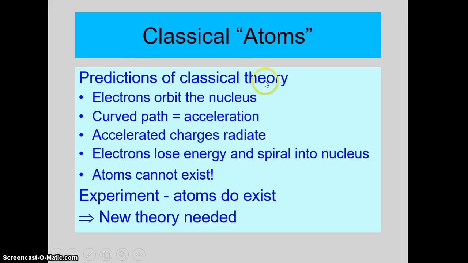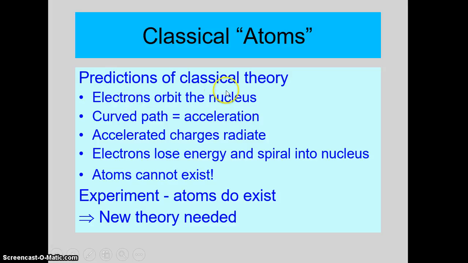So in the classical theory, if we just take what we knew from Isaac Newton and from electricity and magnetism, it turns out you can't build atoms, at least not real ones that are part of this universe. Let's take a look at it.